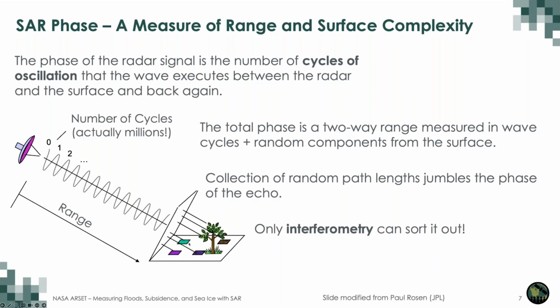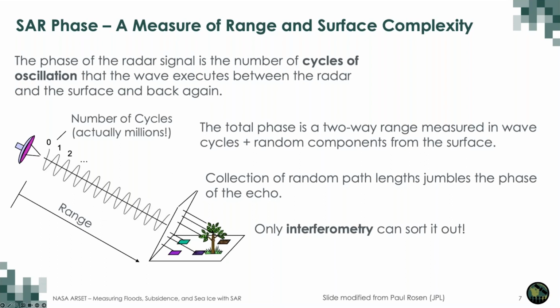The key thing is that there are millions of cycles of the radar waves between the satellite and the ground. We don't know the exact number, and that's one of the sources of confusion sometimes in SAR interferometry: all of the SAR interferometry measurements are relative.